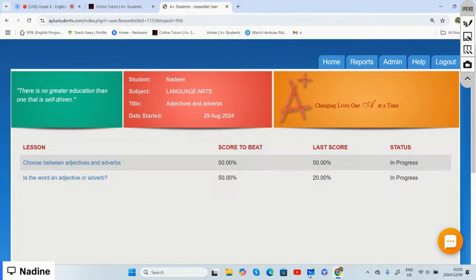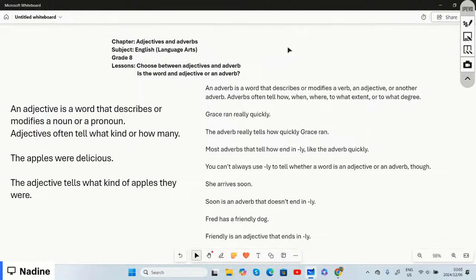All right, so our chapter is adjectives and adverbs. Our subject is English language arts. We're doing grade 8.